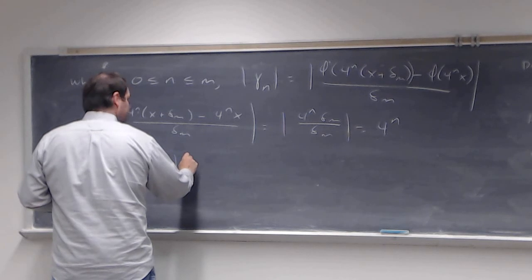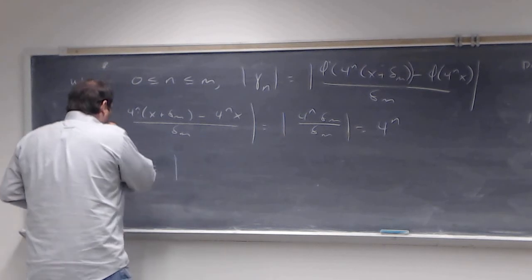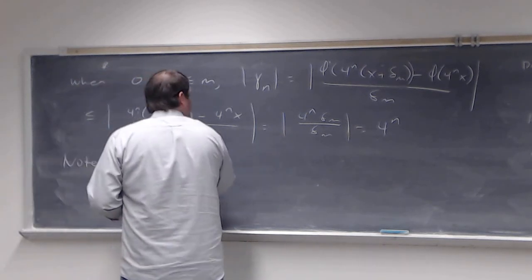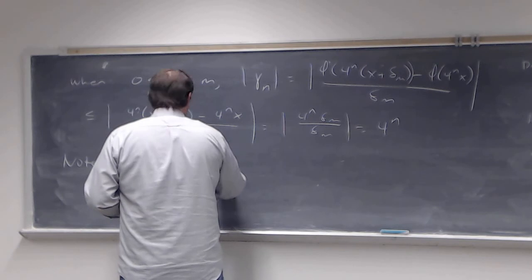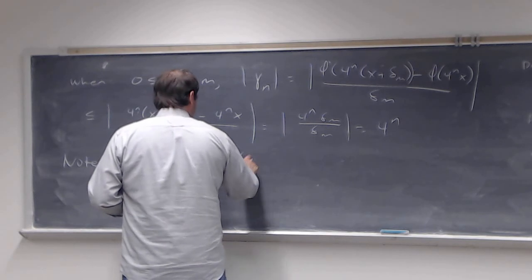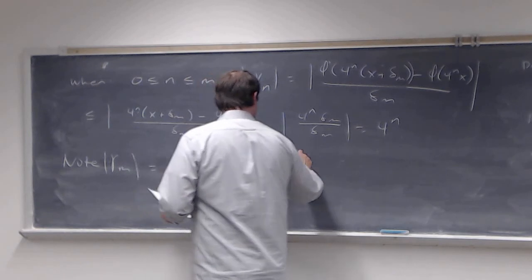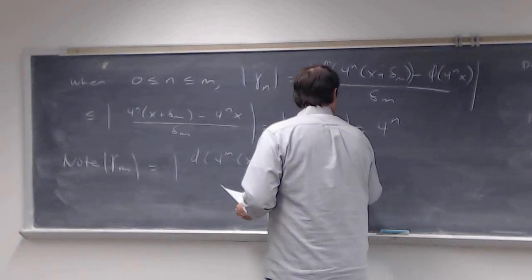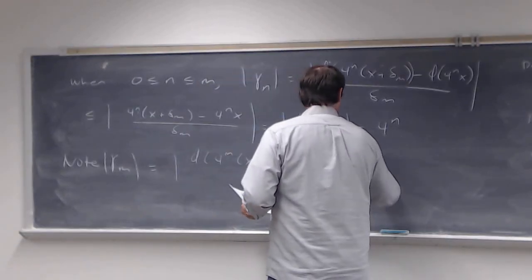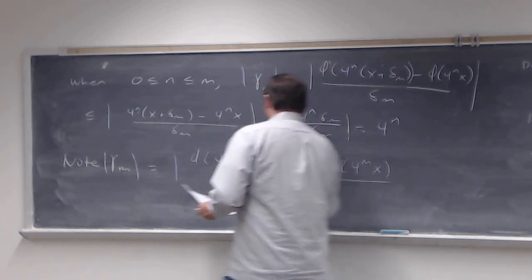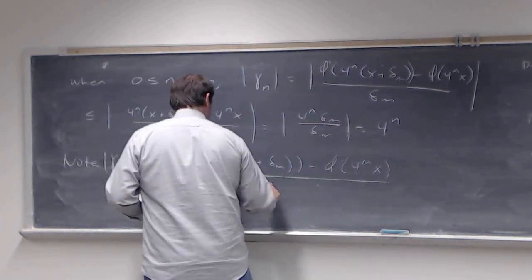Okay. Now, another thing we need to observe is that the absolute value of gamma of m equals the absolute value of phi of 4^m times x plus delta sub m, minus phi of 4^m times x, all over the delta sub m.